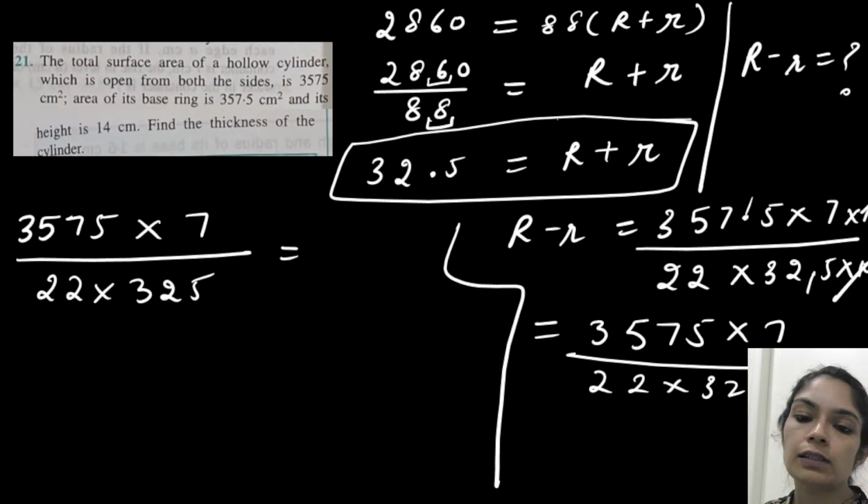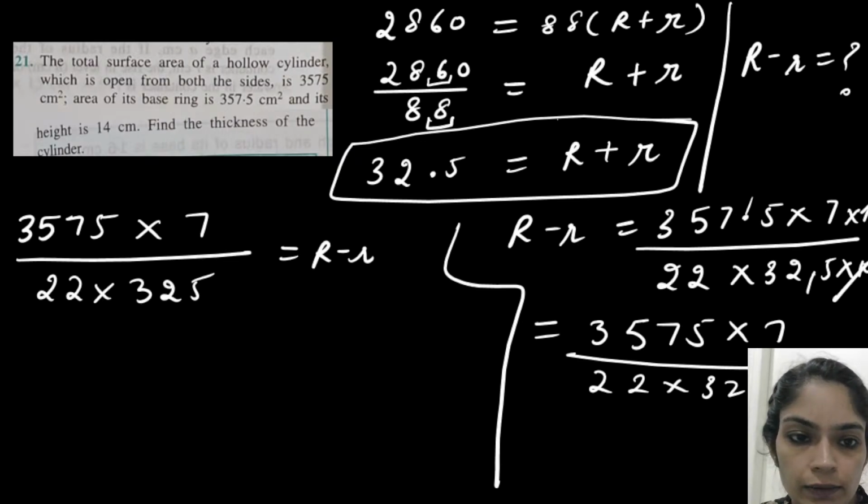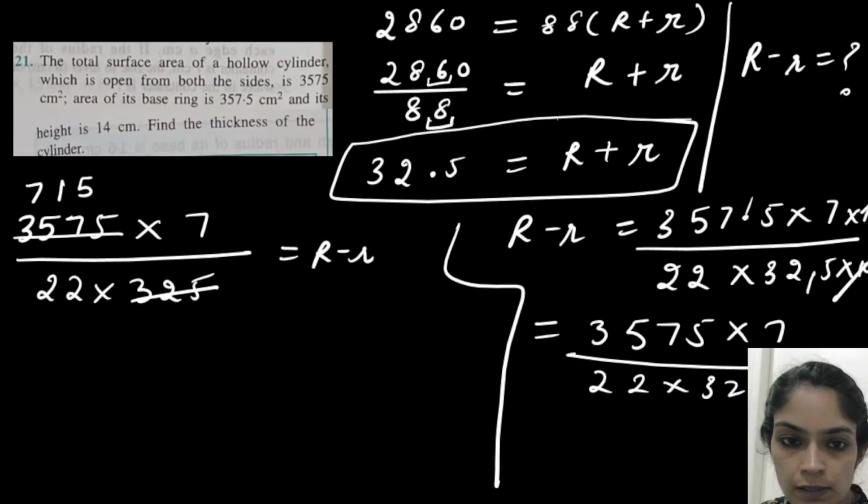If we do cancellation on 5's table, 25 also we can try. So 5's table: 5 into 7, 5 into 1, 5 into 5. 5 into 6 is 30, and then 25, 5 into 5.